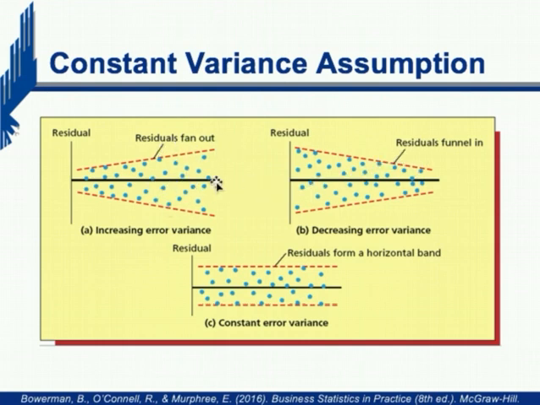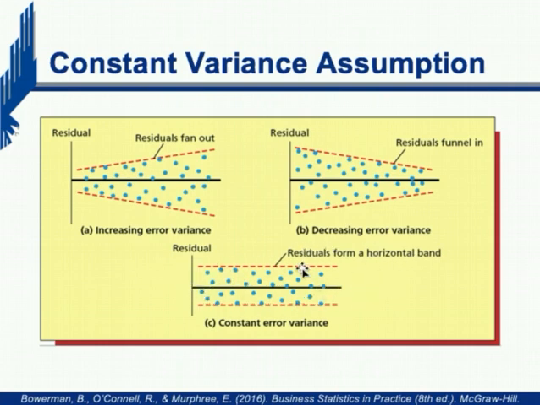Now, if the residuals are funneling in, it means that as the value on the x-axis increases, the variation for the residuals is decreasing. And again, the constant variance assumption is satisfied if the residual plot relatively looks like this.